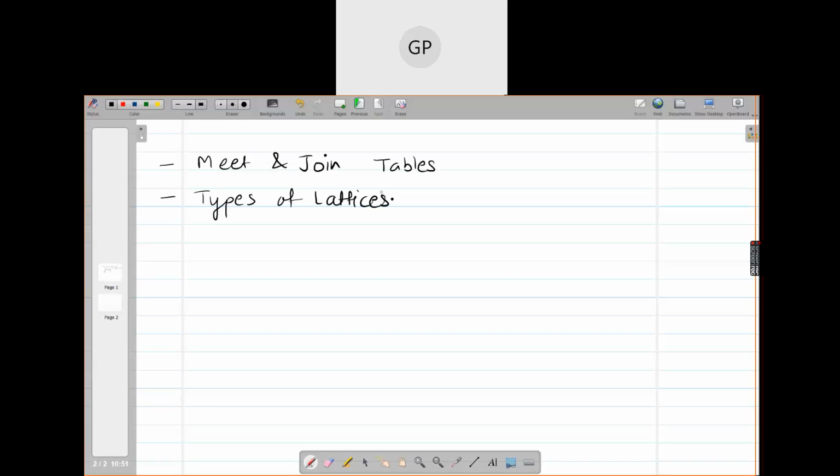Can anyone tell me what is a lattice? What do you mean by a lattice? Yes, come on, be quick. Don't waste our time. Anyone can tell. What is a lattice? Yes, Shireen, Maheb.